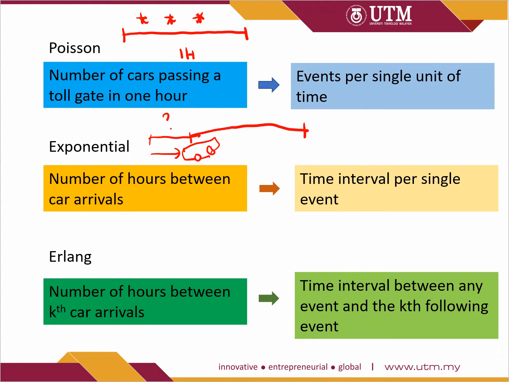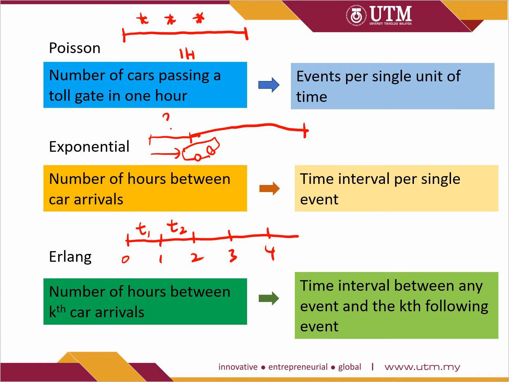Now for Erlang, it is the number of hours between the k cars arrival. For example, in the toll, we have the first car arrived, and then second car, third car, fourth car. So for waiting for the first car to arrive, let's say T1 refers to the time taken for the first car to arrive.